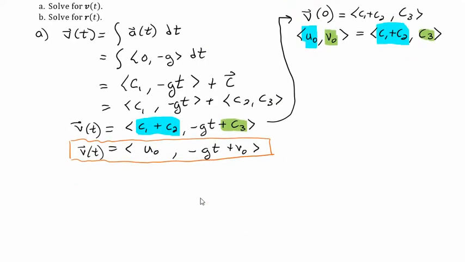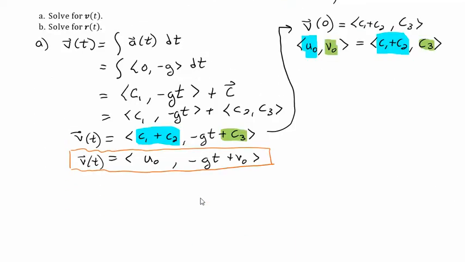So let's set that up. Let's go down here. It's got enough room to get started. So B, we're going to solve for r of t. Since the derivative of r of t is v of t, the velocity function, to find r of t I would need to do the antiderivative of v of t, dt.